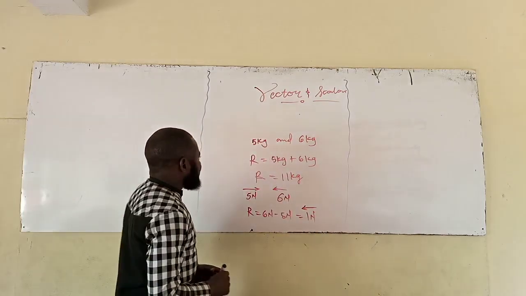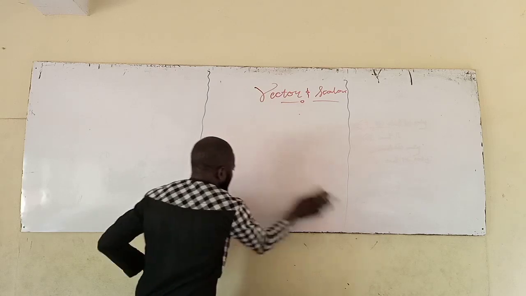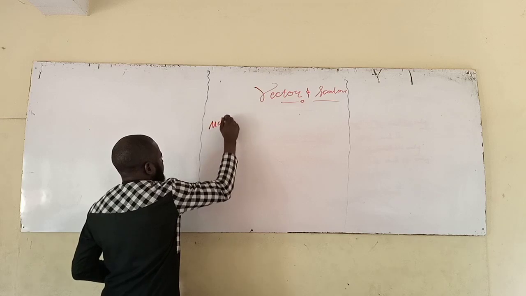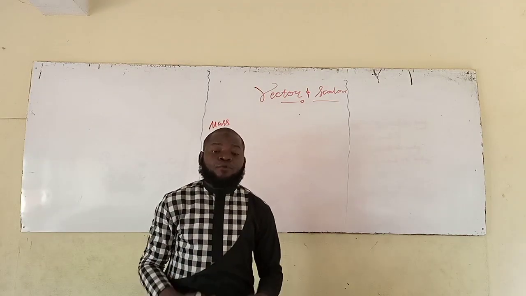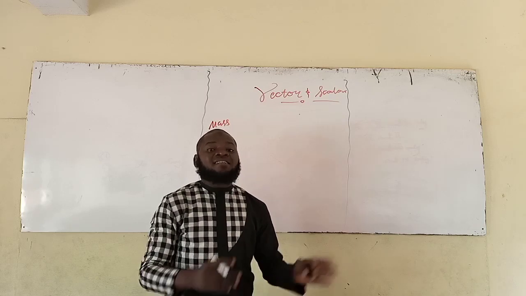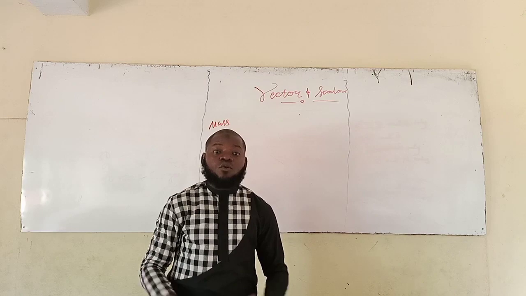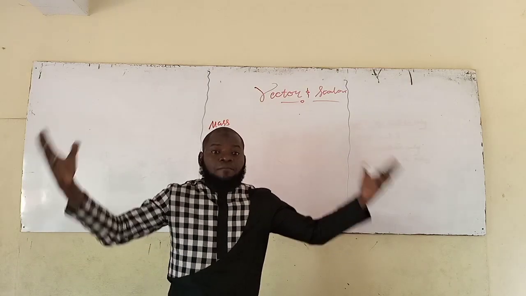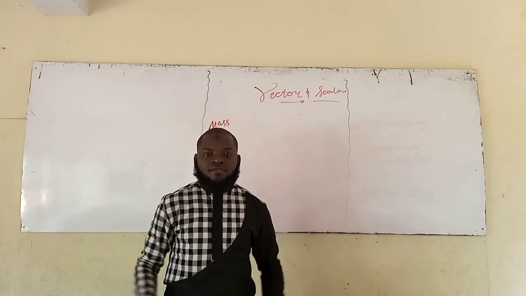When you talk about scalar quantity, we have the following as examples of scalar. Mass. At least I'm going to give you 15 examples each for vector and scalar. So pay maximum attention, as this will help you to solve almost all the examples that JAMB might bring up as far as vector and scalar is concerned.